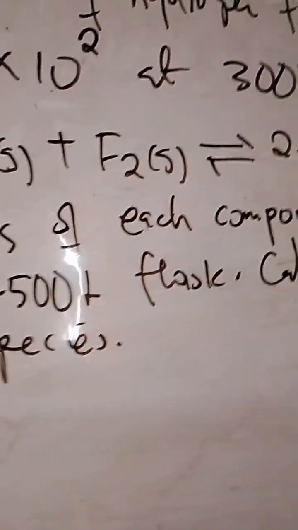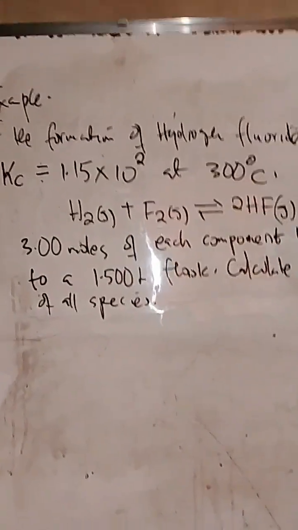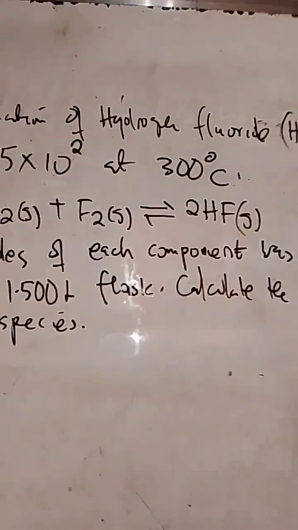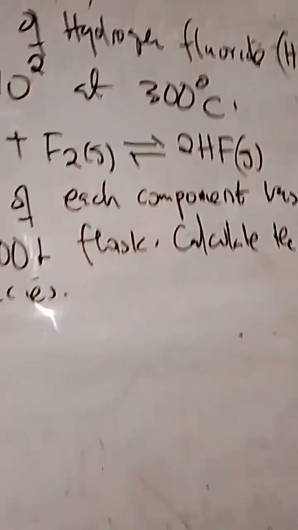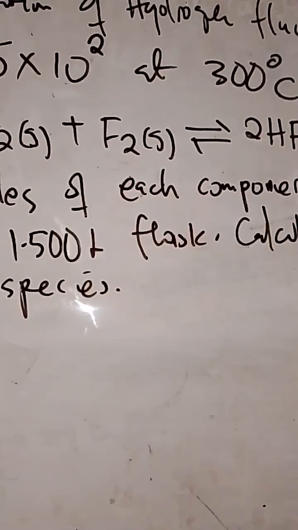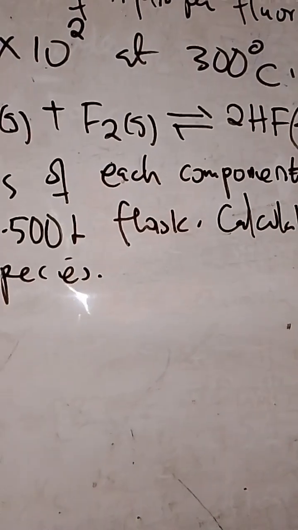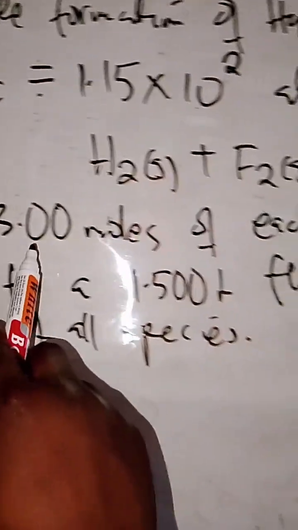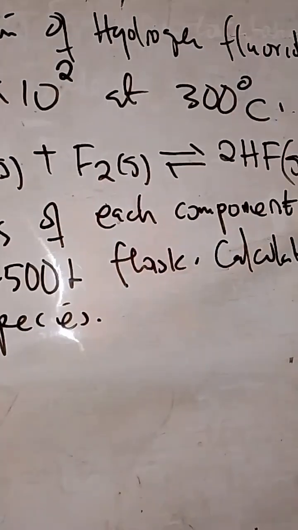Okay, so now let's see how we can calculate equilibrium concentrations of these species. First of all, we need to understand the statement here. 3.00 moles of each component was added.